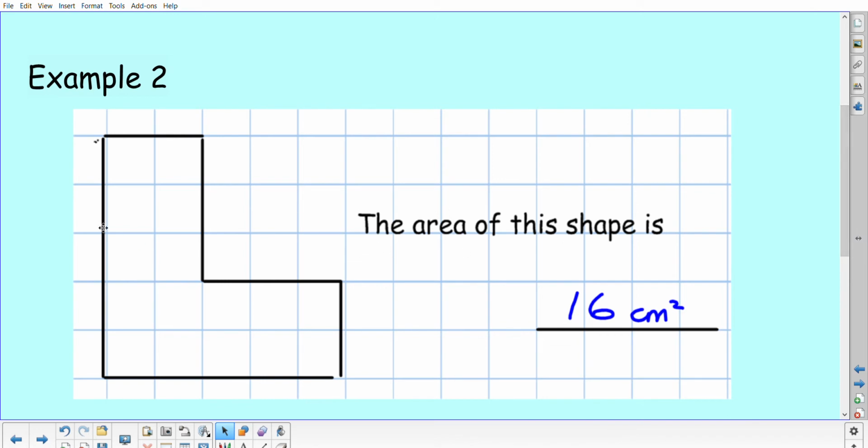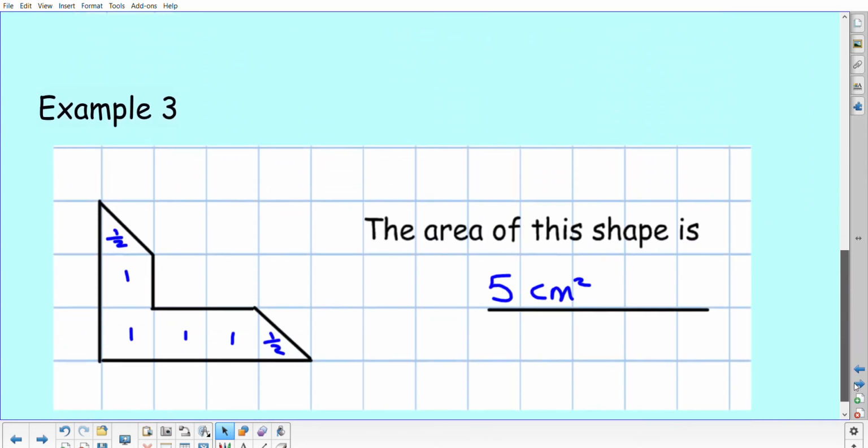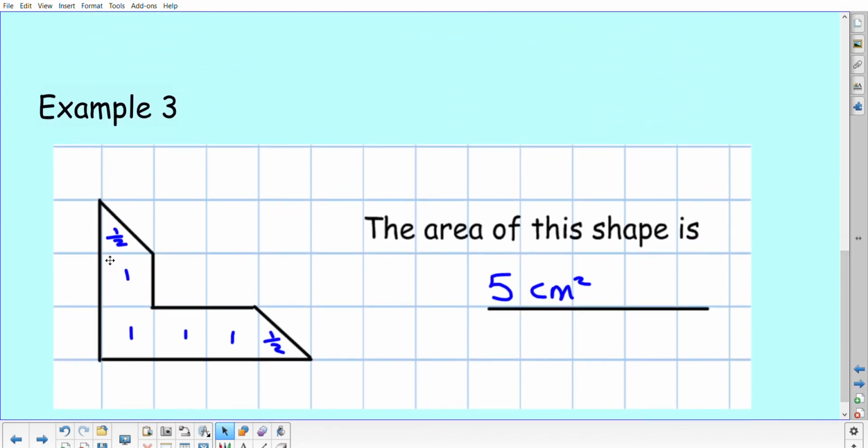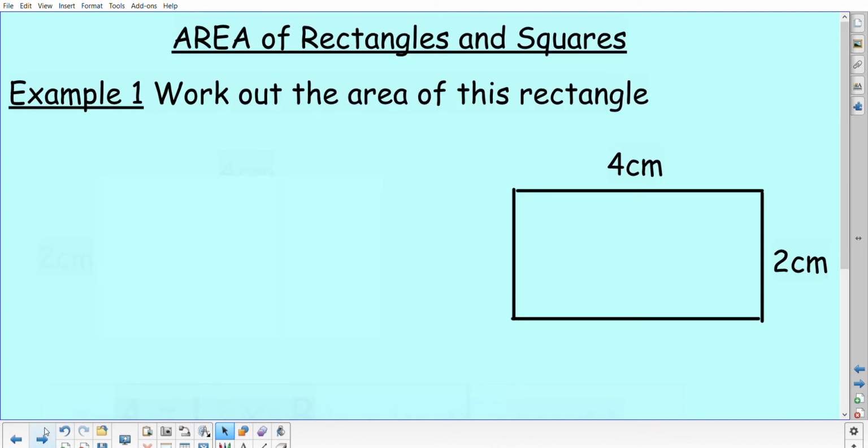With this one, counting how many squares there are, we can see that it comes to 16 squares inside that particular shape. If your shape's a wee bit more complicated and you've got half squares going on, you simply add up how much space is in there, and that one would total 5 square centimetres.